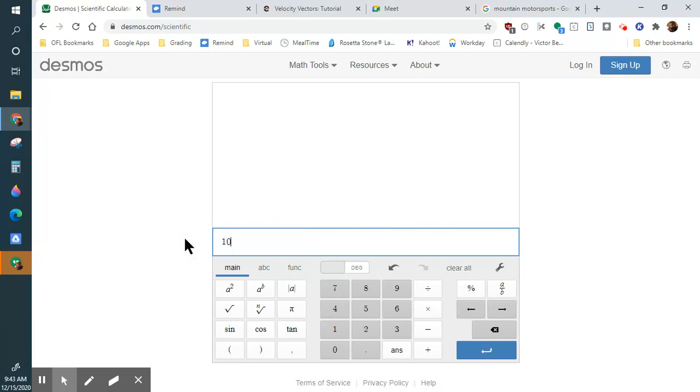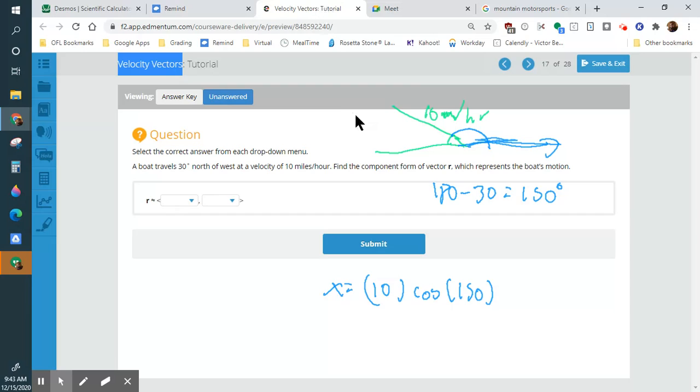It's going to be 10 cosine of 150, and we end up getting negative 8.66. That makes sense because x would be going negative.